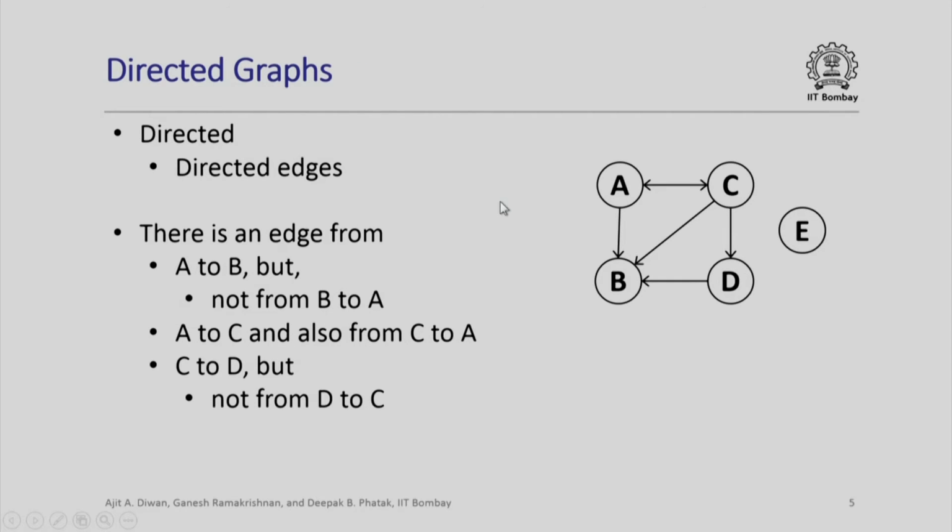Directed graphs, on the other hand, have edges which have directions. These are called directed edges and they specifically indicate the source and destination of the vertices which are connected by such edges.